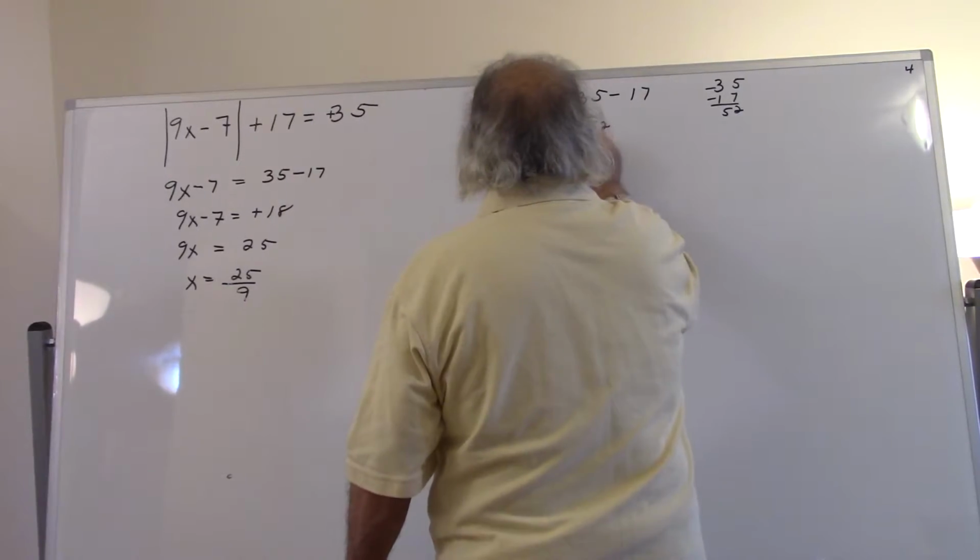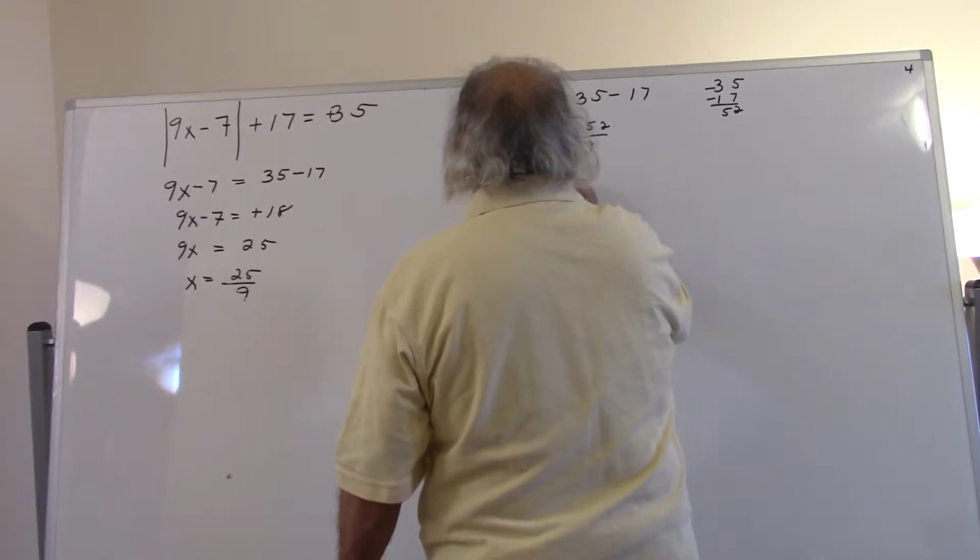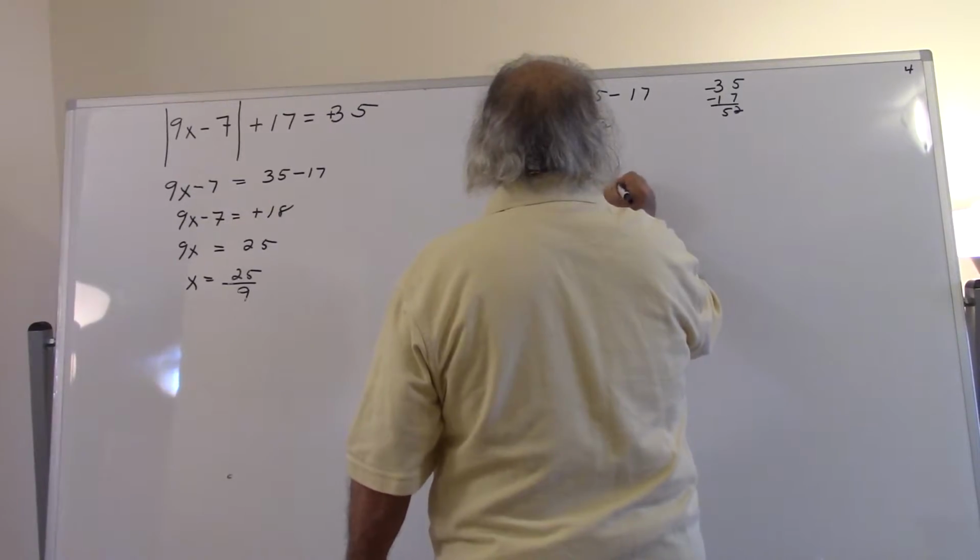Divide each side by 9, and you get x equals minus 52 divided by 9.